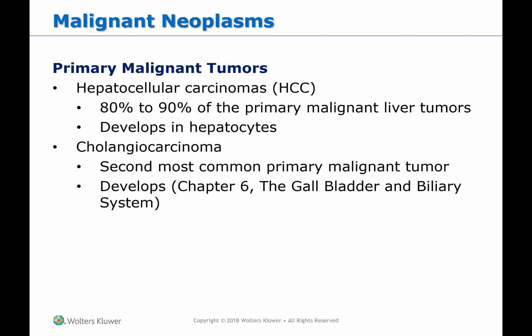A primary malignant tumor, hepatocellular carcinoma, is about 80 to 90% of the primary malignant tumors. The second is cholangiocarcinoma, but I want you to know that hepatocellular carcinoma is the most common.